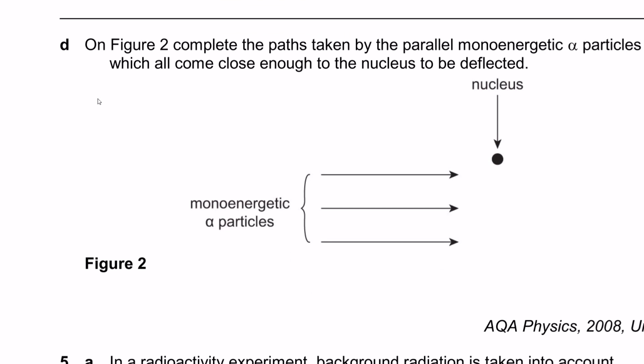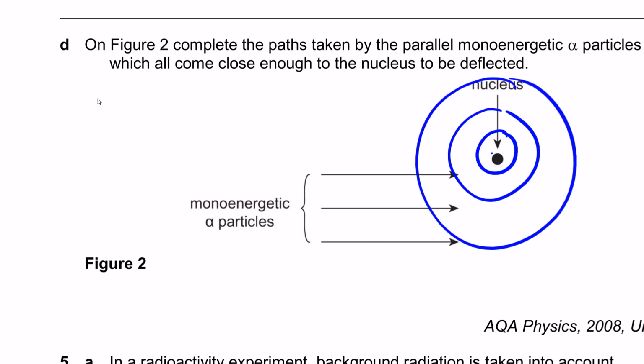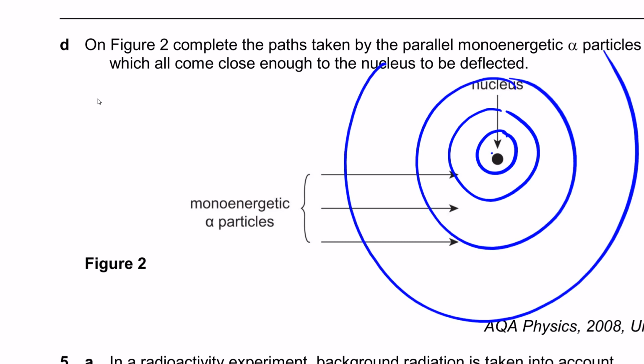So now we're talking about the paths of these actual alphas as they're deflected. Obviously our field is going to be increasing radially, so the strength of our field is going to be getting weaker as we go out.